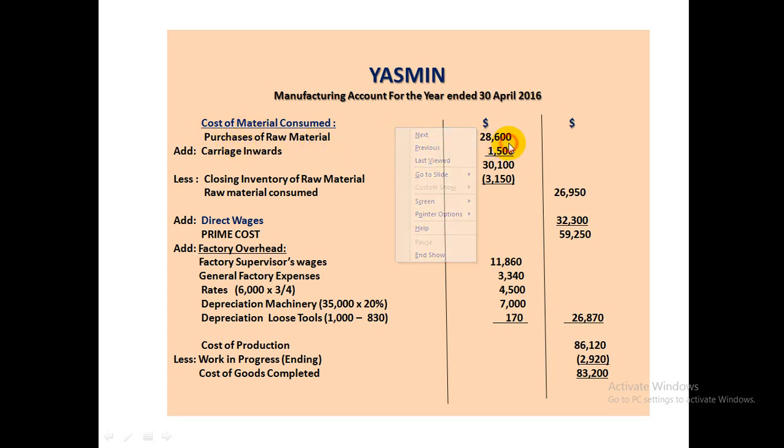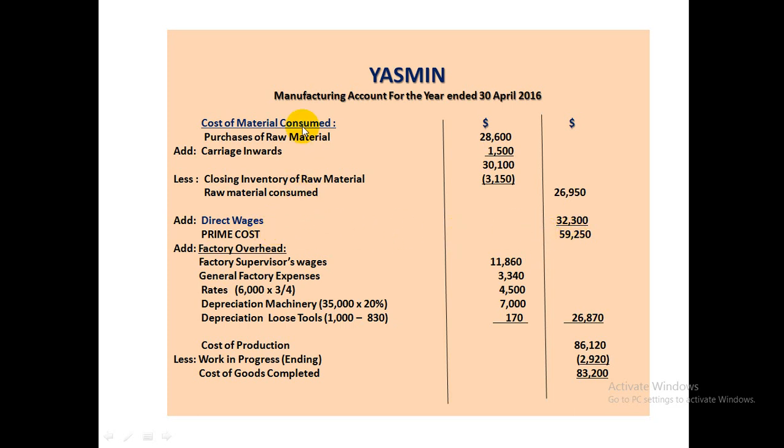Purchases of raw material included with carriage inward, we'll add these two. This is the amount. We'll subtract closing inventory of raw material, and this is how we'll calculate raw material consumed. To this answer, direct wages of the factory operatives, also known as direct labor, will be added. These two will give us the final amount of prime cost.